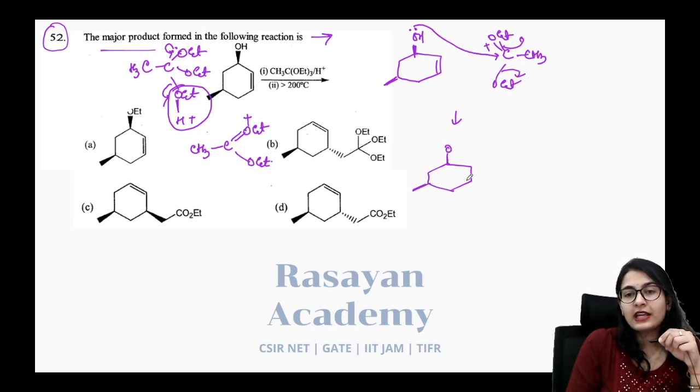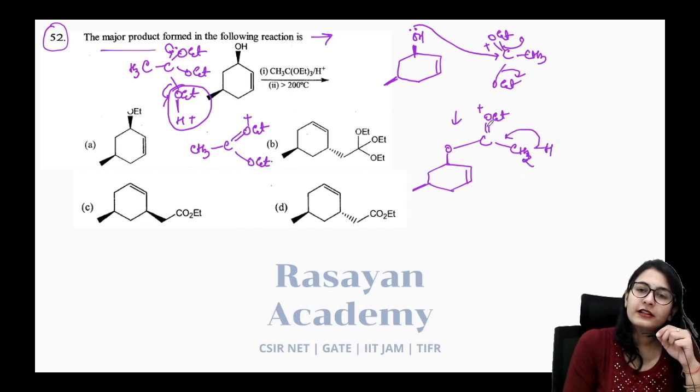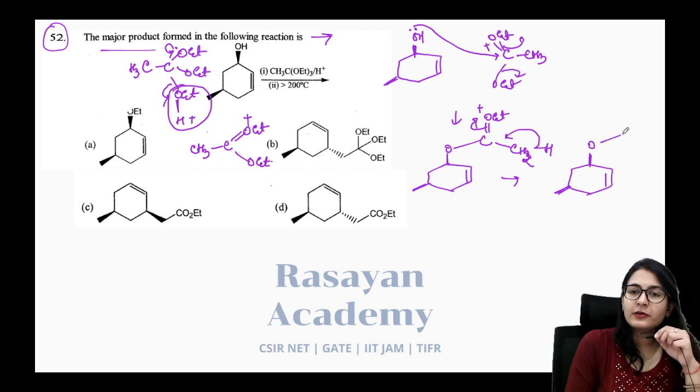So what I mean to say is, even if OH attacks, one of the groups is going to be eliminated, like this. Okay, now a proton from here is going to leave and give you this molecule. Just take care of the stereochemistry. This is what you have now.